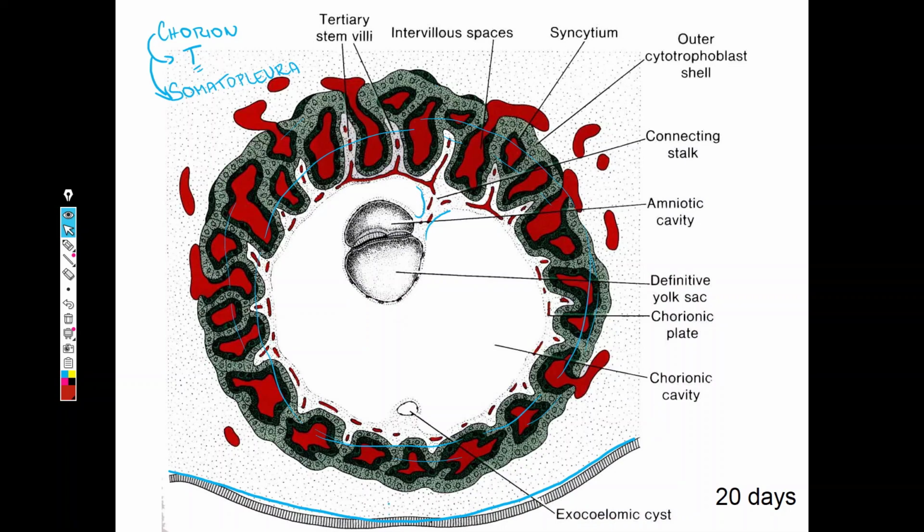Right here, it's completely healed. Because, you know, at the end of the second week, a fibrin clot was seen here. But now, here we have just continuous epithelium. So, we can see the lacunae over here. Still, here we have lacunae, but you already know them.